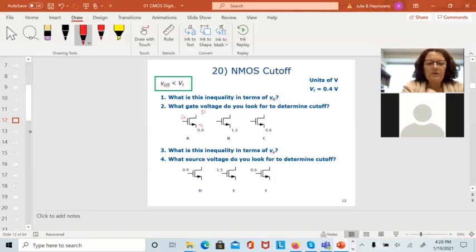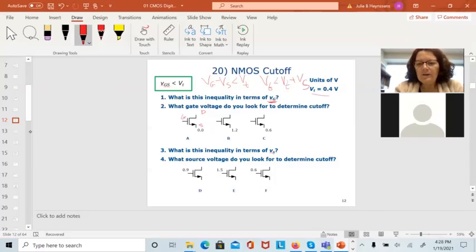It is, and I want to get it in terms of VG. So I'm just going to take VG minus VS, and this is what you've got to do in the homework, but this is like review stuff from 280. I could add VS to both sides, and the gate voltage would be VG less than VT plus VS.